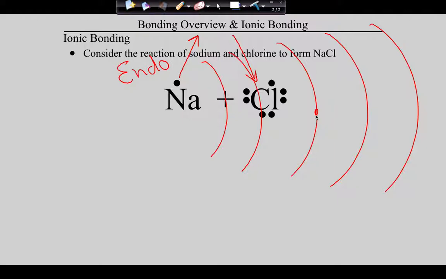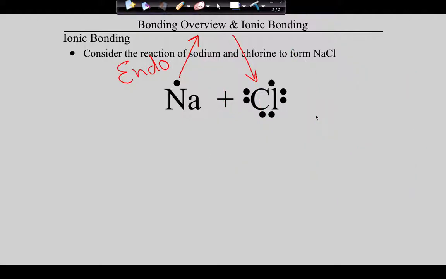Okay, so we understand what it takes to get that electron away. So now that the electron's been removed through the endothermic process, then the electron falls into chlorine, endo or exothermic? Exothermic. And we could actually, we're not going to, but we could actually calculate the color of light that is released. And Robbie, you're right, it's not visible.